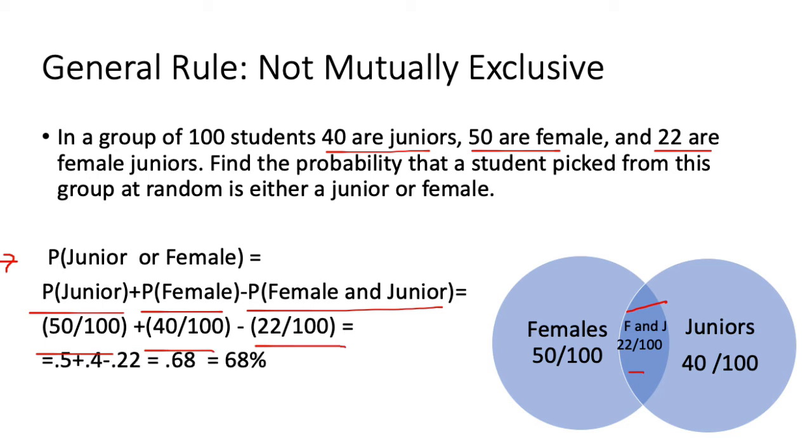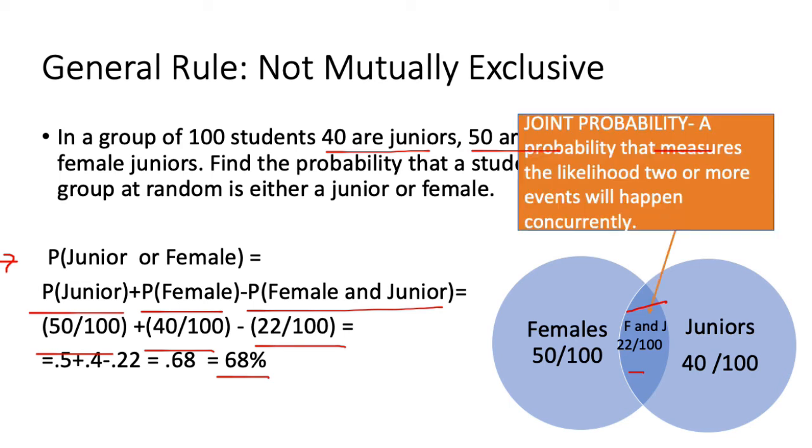After we finish our calculation, we find that 68% of the students are female or juniors. In this case, the joint probability, which is defined as a probability that measures the likelihood of two or more events happening concurrently or at the same time, is the component that we remove.